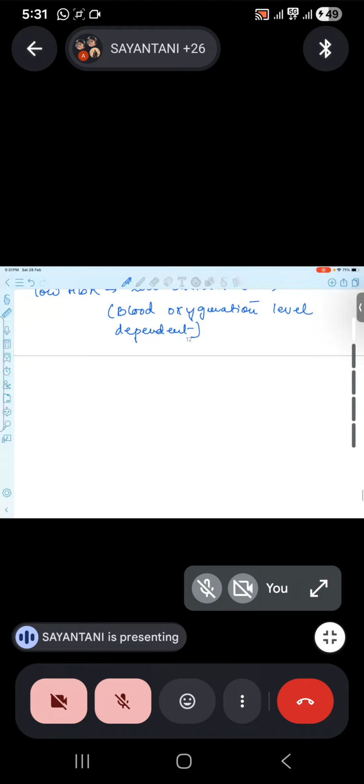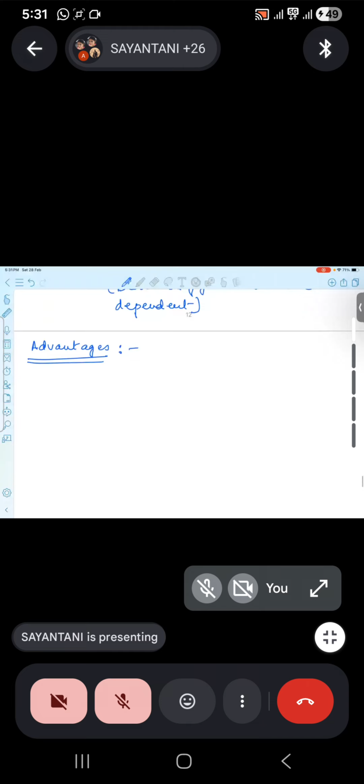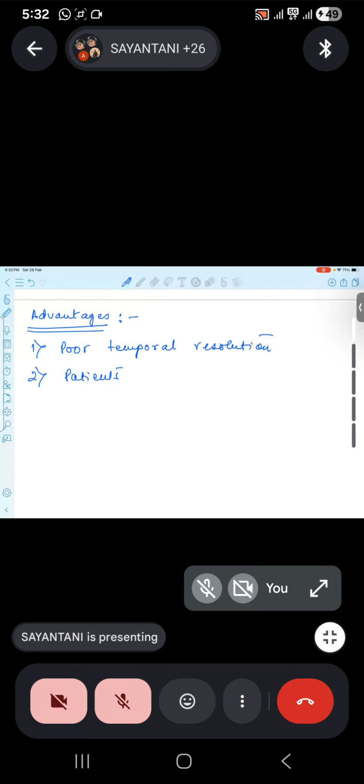So it is poor temporal resolution. Okay. Second is patients with magnetic implants. Just a minute. I'm discussing the advantages, right? I've written the disadvantages.